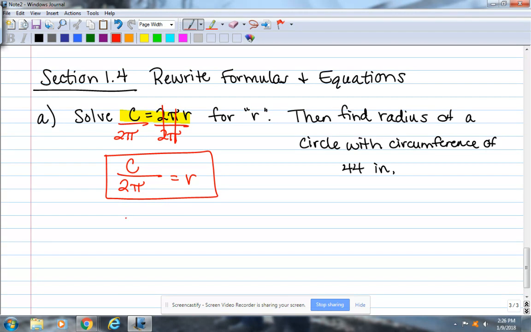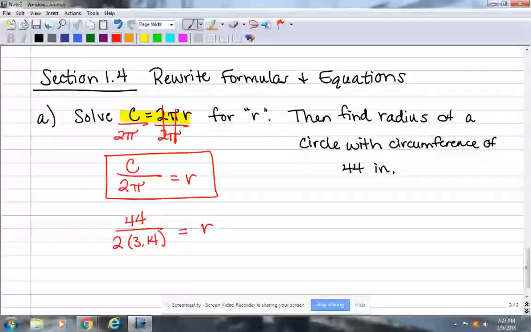So I'm going to have 44 divided by 2 times pi. We can say pi is approximately 3.14. If you have a calculator, it might be handy to get it out for a few minutes. If not, you can just wait till the end of the lesson and borrow one.